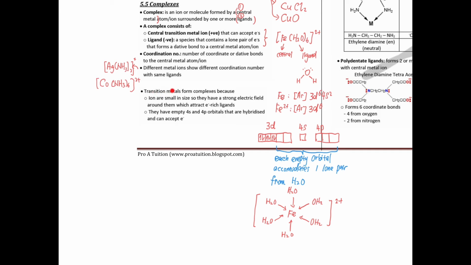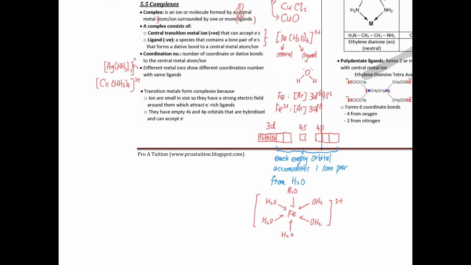Now next one. Transition metals form complexes because the ions are small in size, so they have a strong electric field around them which attracts electron-rich ligands. So that means, imagine Fe2+. They have a small size, and the charge is 2+, so they can easily attract the ligand.